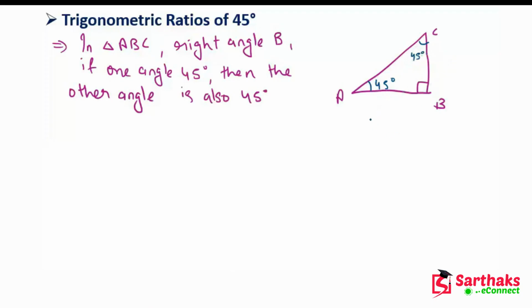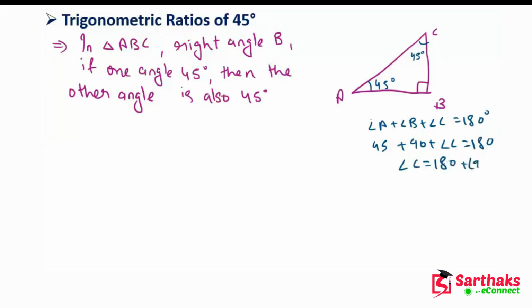Let us know angle A plus angle B plus angle C is equal to 180 degrees, and we have angle A as 45 degrees, which we are assuming, and this is 90 degrees, and we don't know angle C. So angle C is equal to 180 minus 90 minus 45.